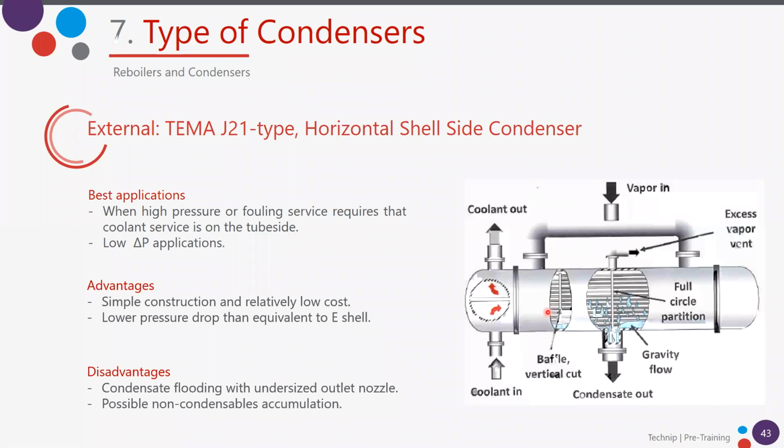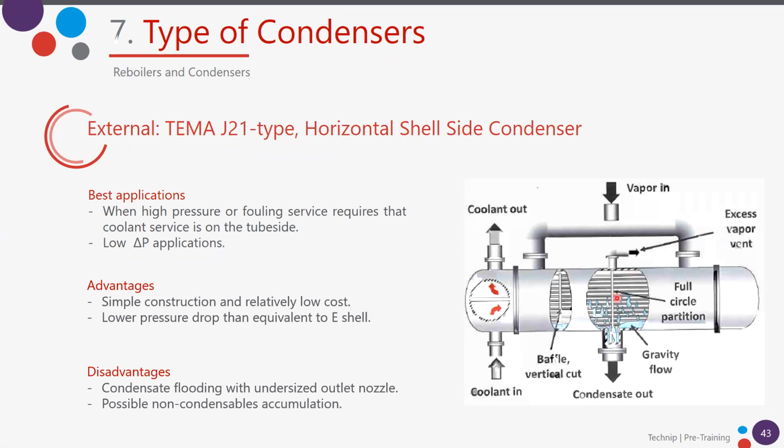Since we have one inlet in this part and one inlet in this part, the fluid in this part is directed to the middle, and the same for this one. This fluid is being directed with the baffles and going down in the middle with the condensate out.